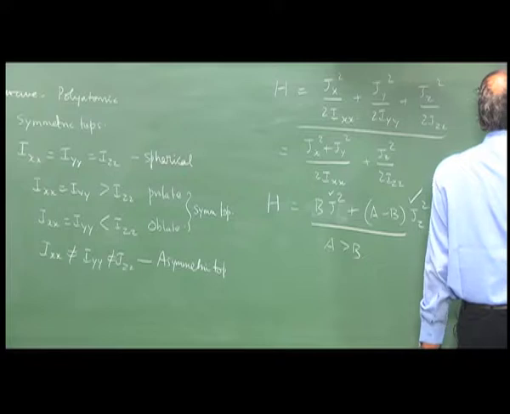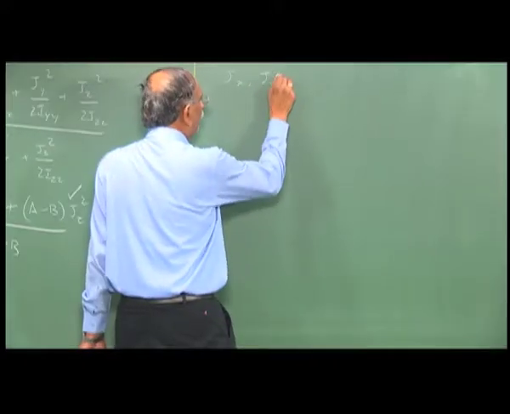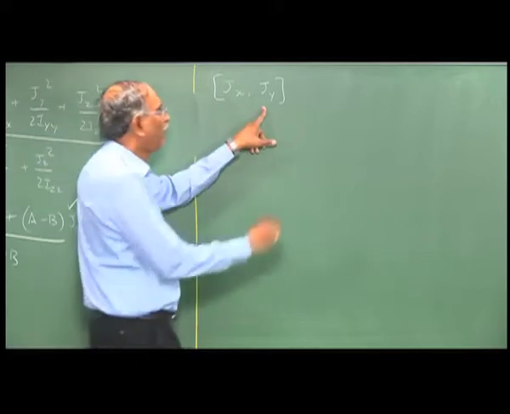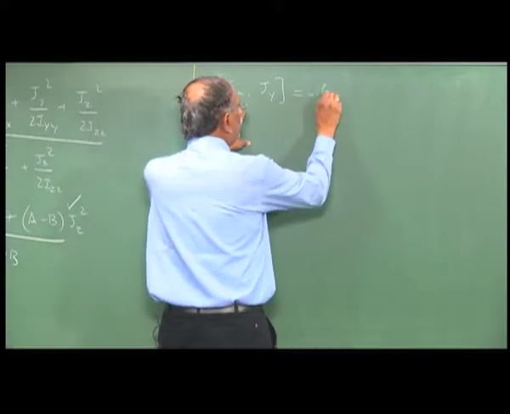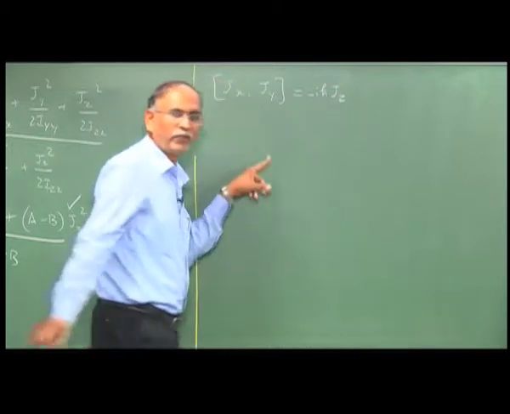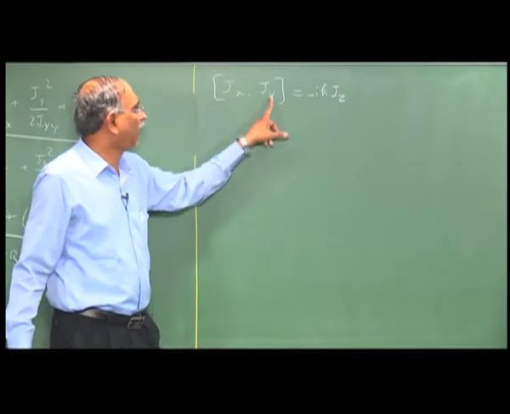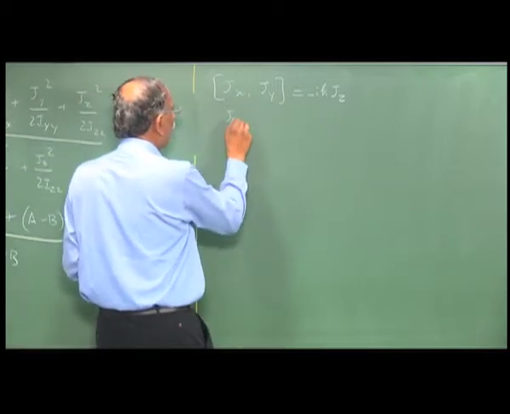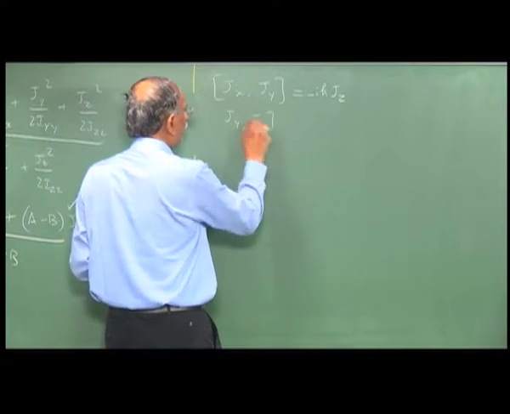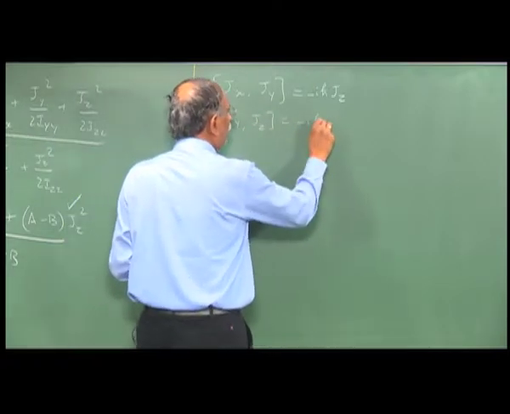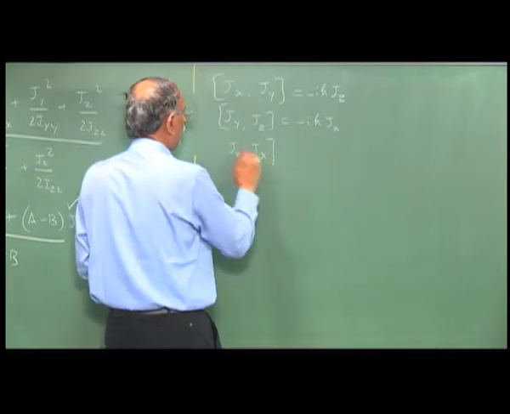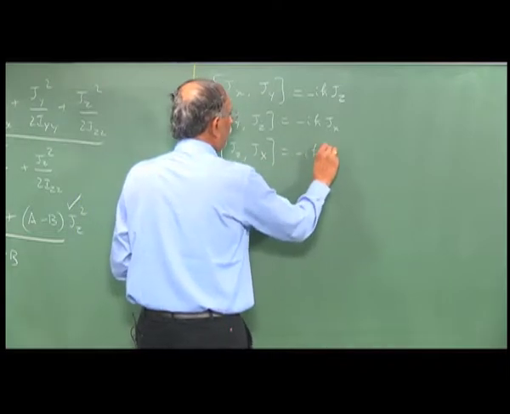You may recall that angular momentum in quantum mechanics, particularly for the molecular system, the components do not commute with each other, and for molecular spectroscopy we use the commutation relation Jx, Jy equal to minus i h bar Jz, because the axes XYZ are fixed in the molecule. And this essentially means the other components as well: Jy, Jz were minus i h bar Jx, and Jz, Jx were minus i h bar Jy.